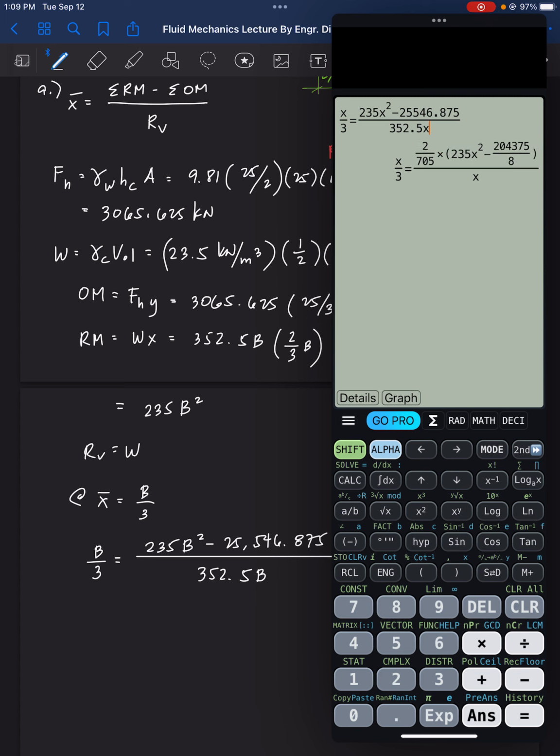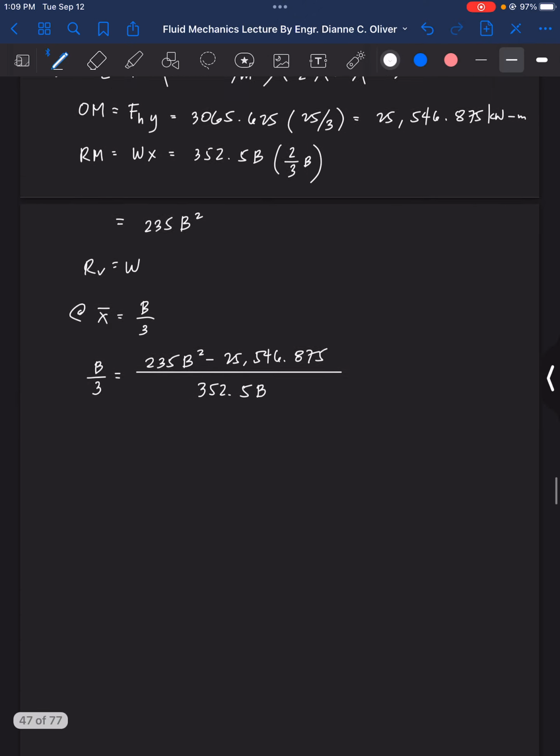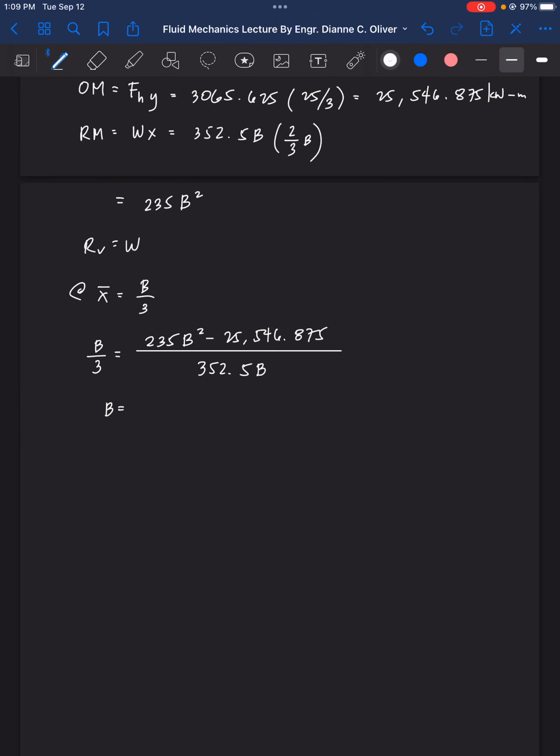Okay, and shift solve. So x, or B, is equal to 14.75. So B is equal to 14.75 meters.